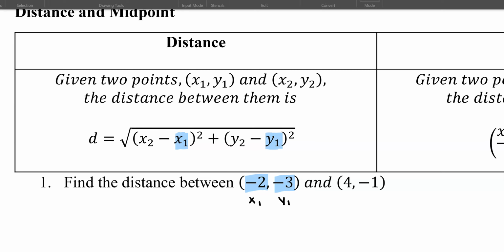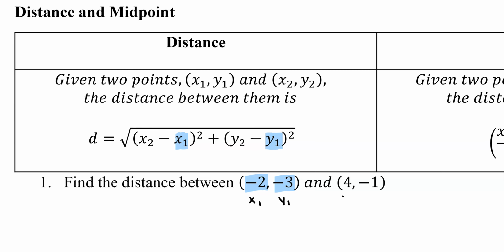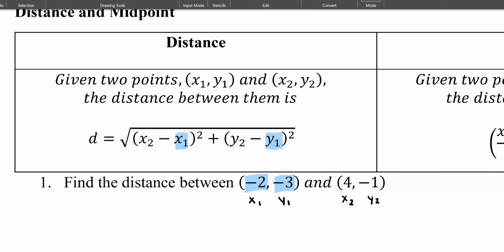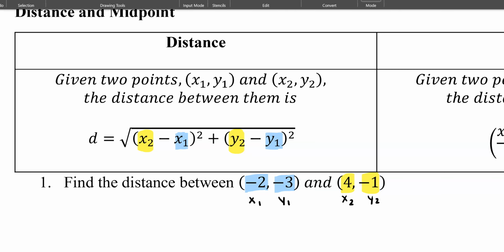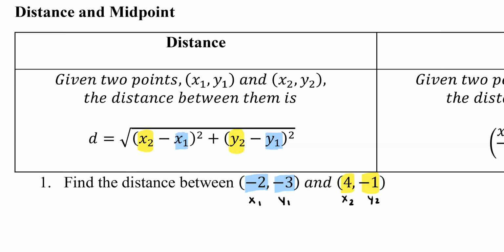And then our x2 will be 4, and our y2 will be negative 1. So these guys will go as x2, y2. So I want you to see how you group the x's together, you group the y's together, subtract them, square them, add those, and square root. Let's try it. It sounds like a lot of steps, but it's really pretty straightforward.